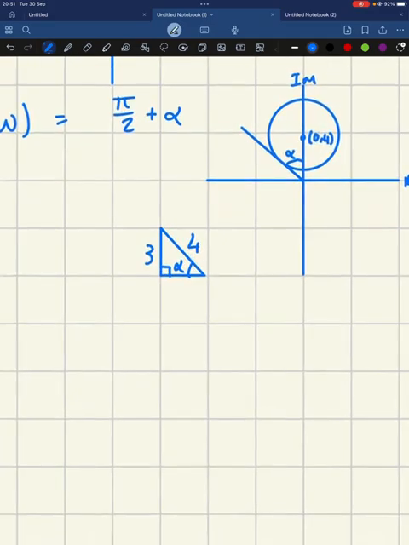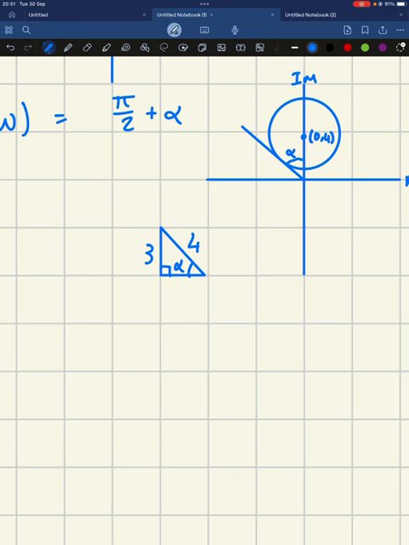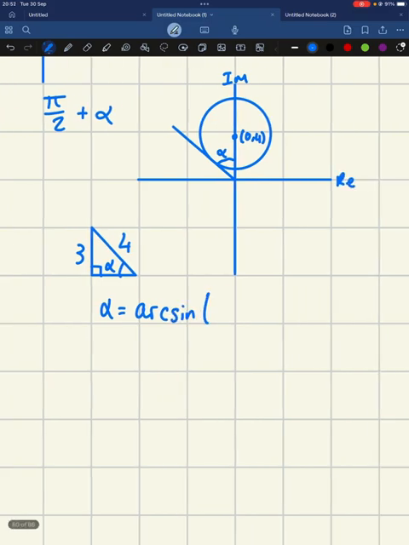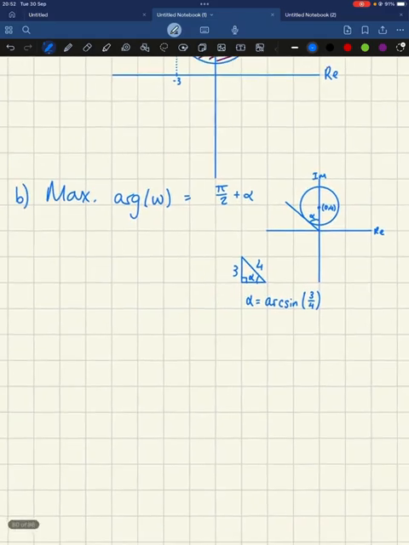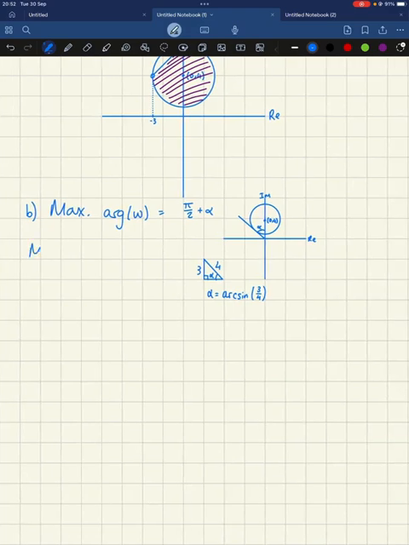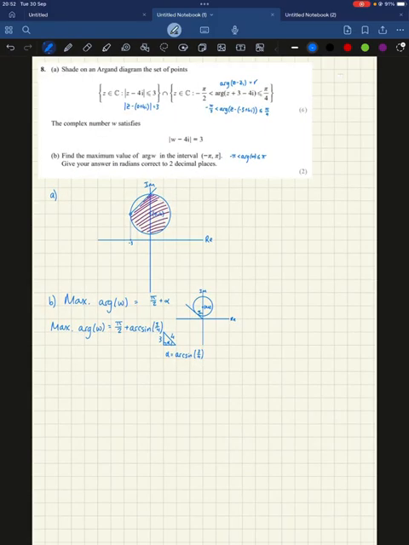Right, now we've got the opposite and hypotenuse, so alpha is going to be the arcsine of opposite over hypotenuse, so 3/4. So we can now say that the maximum argument of W is pi by 2 plus arcsine of 3/4, and we have to give our answer to 2 decimal places in radians, so make sure you're in radians.